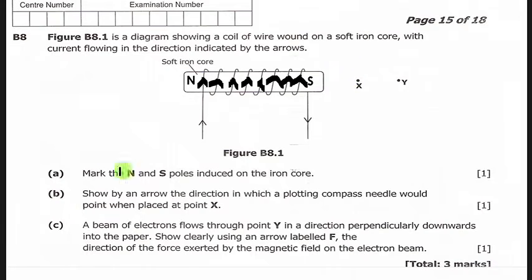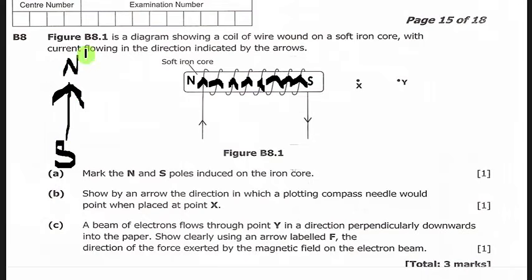That's why they are saying show by an arrow the direction in which a plotting compass needle would point when placed at point X. A compass has a needle which points in directions. What you should remember is that the pointer end is north, and the tail is south.